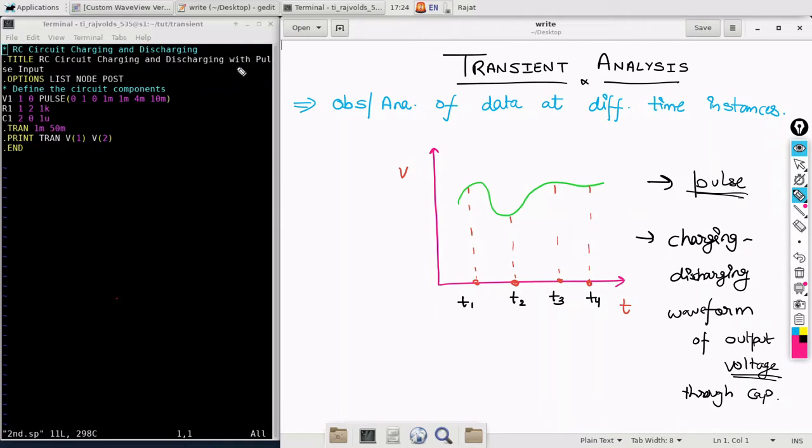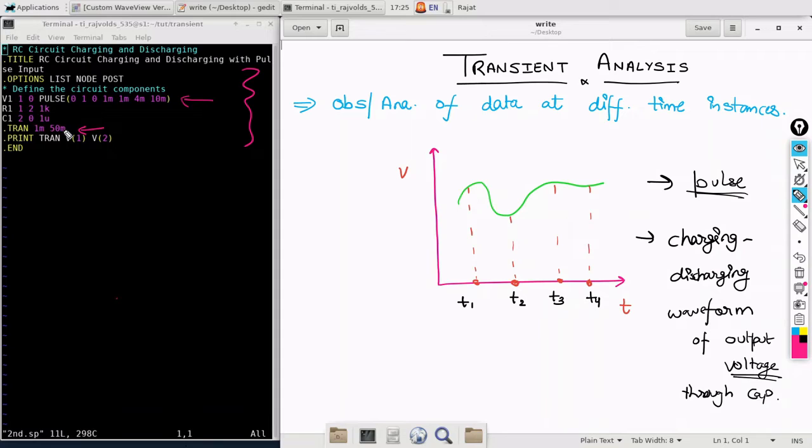Here I have already written the code for the RC circuit, in which we have to focus on these two lines, that is the voltage source and this .tran statement. The meaning of the rest of the lines is already explained in the previous videos. So how can we apply a pulse source and how to perform transient analysis? For that we have to focus on these two lines.